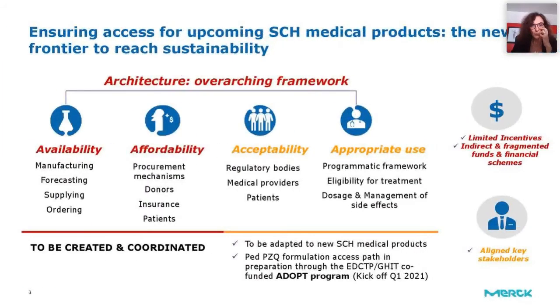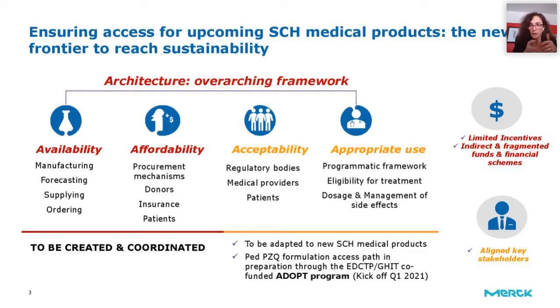When we look now, based on our experience with drugs and diagnostics, at those upcoming schistosomiasis medical products, and we look at this framework, we see that there are some elements where there are gaps. Acceptability needs to be reinforced. We talked about the regulatory framework that would need to be strengthened, in particular for diagnostics, or at least better understood.